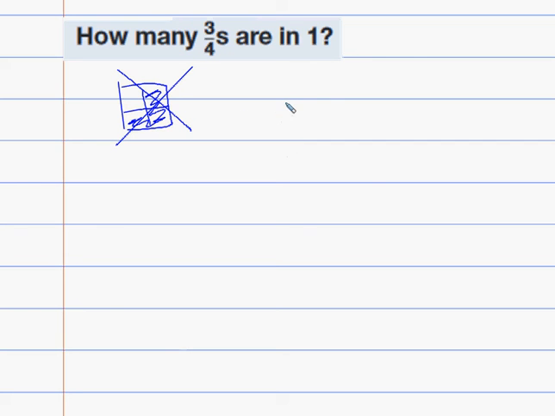What they're asking you to do is this problem: 3/4 times what number would equal 1? And we know that using the inverse property, if I put 4/3 in here, when I multiply, I would get 12 over 12, which equals 1.